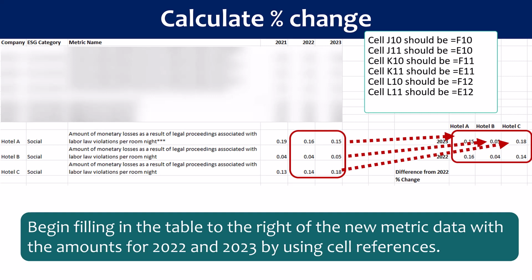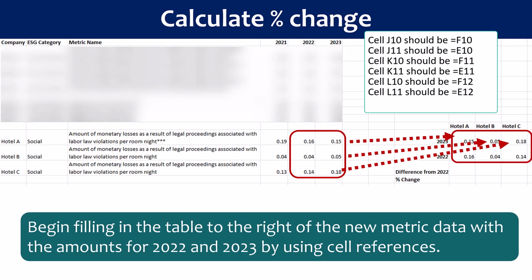For the chart, we want to show the difference between 2022 and 2023, as well as the percentage change between 2022 and 2023. We will need to do some more calculations to do this. Begin by filling in the table to the right of the new metric data with the amounts for 2022 and 2023.